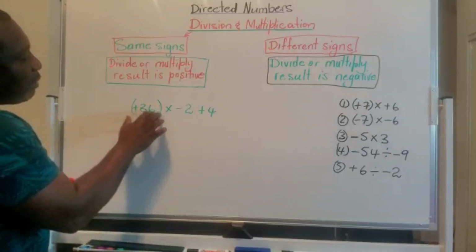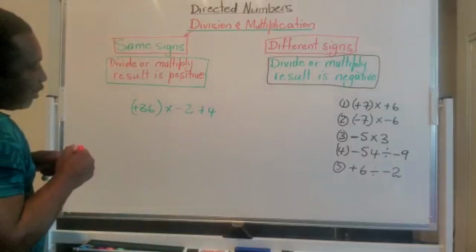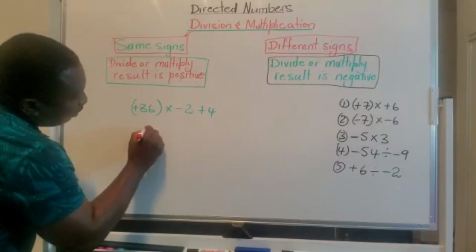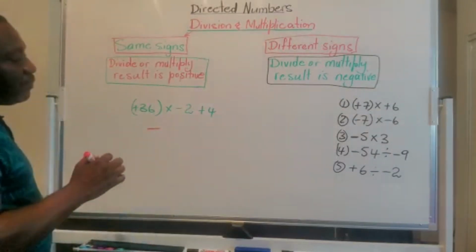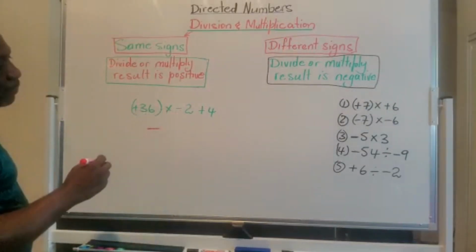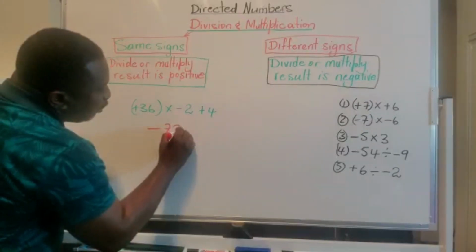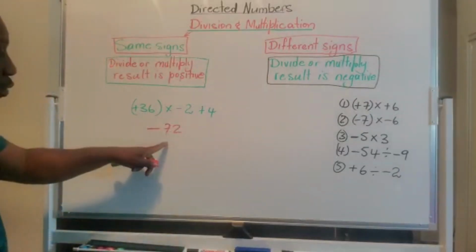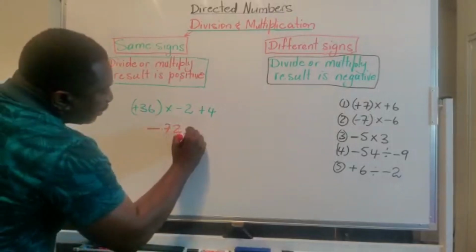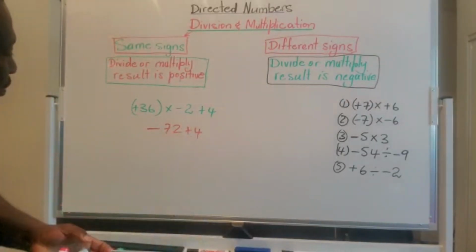In this case, we are multiplying a negative and a positive. So we know that our outcome will be negative. 36 times 2 should give us 72. So we know that this is negative 72 plus 4. And I'll go back to the previous lesson.